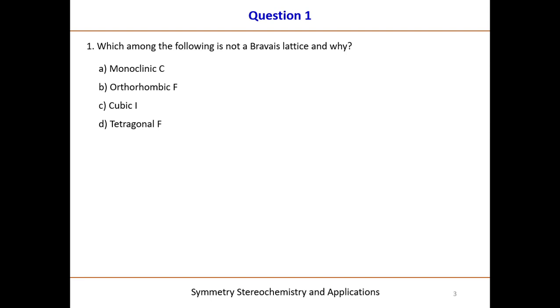If you will learn the crystal system, you will find that there are 7 crystal systems, and in 7 crystal systems there are 14 Brevis lattice. There are 7 crystal systems and 14 Brevis lattice.